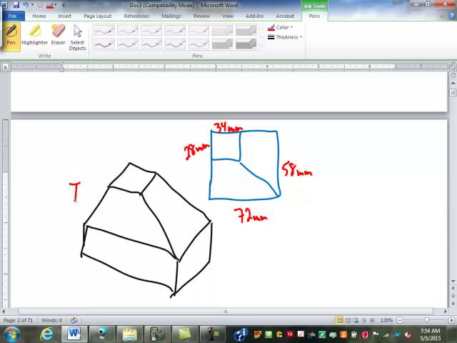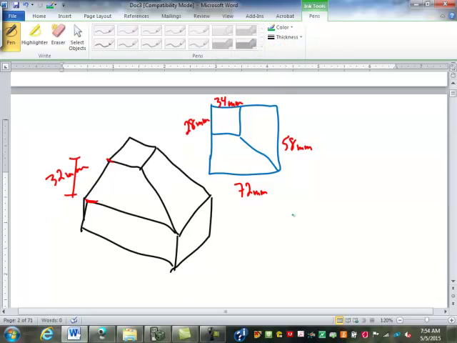And, of course, I'd have to be given that height from here up to there going vertically. We'll give that height as 32 millimeters.